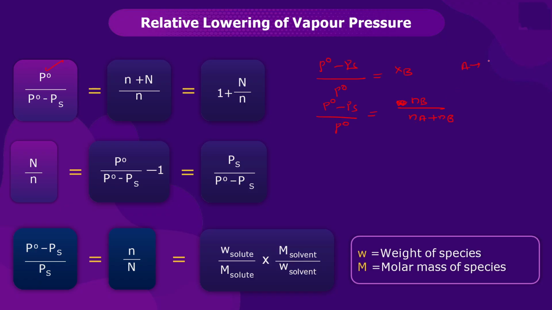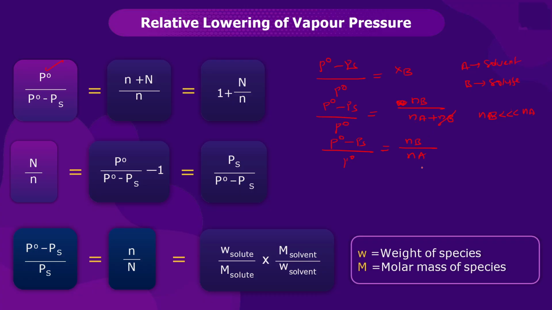Here A means solvent and B means solute. Comparing with solvent, solute molecules are very few, a dilute solution. NB value is less than NA. So we can use P naught minus Ps upon P naught is equal to NB upon NA.